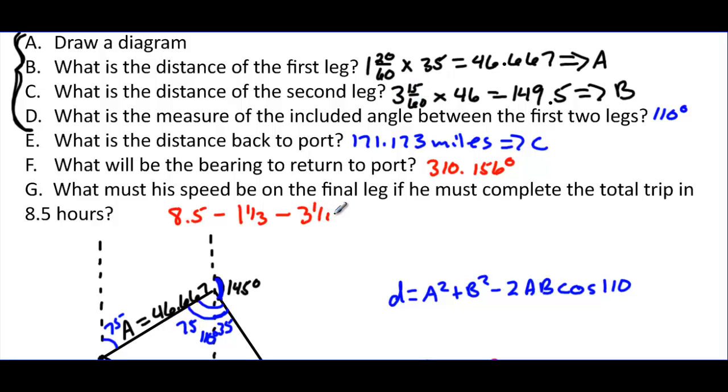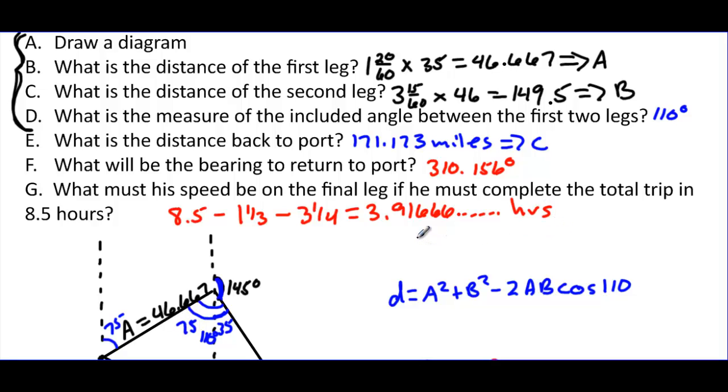So 3 1/4. So let's see how much time he has left out of the 8.5 hours to get back. So we take 8.5 minus, in parentheses, 1 plus 1/3, minus, in parentheses, 3 plus 1/4. So it's 3.91666, keep on going. So that's how many hours he has to get back.